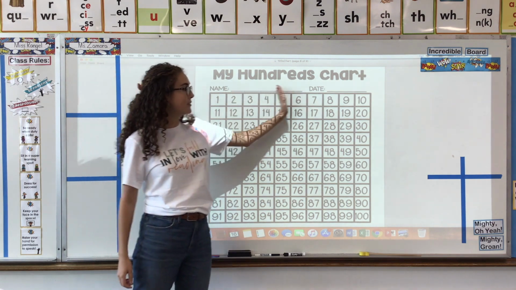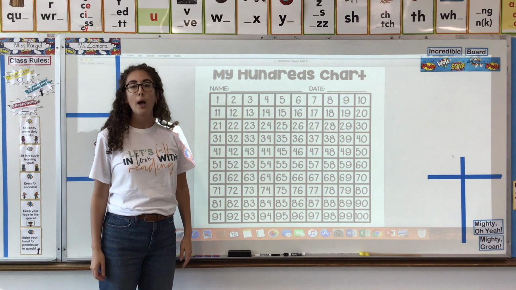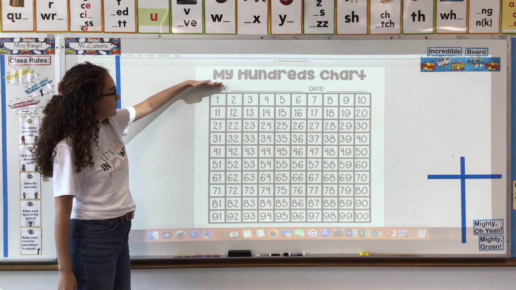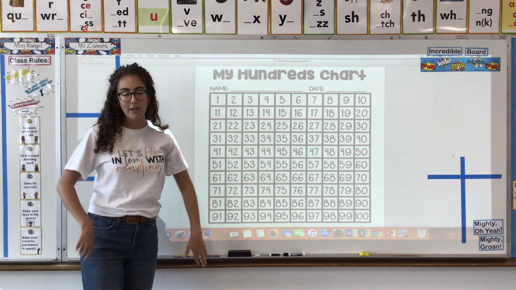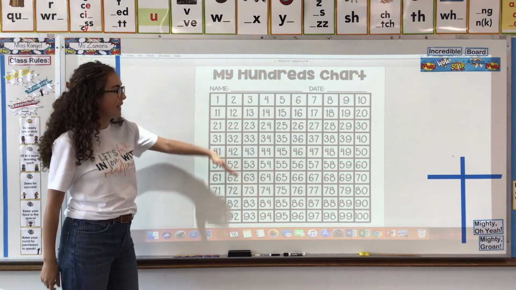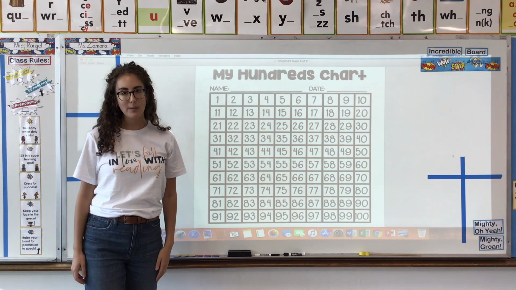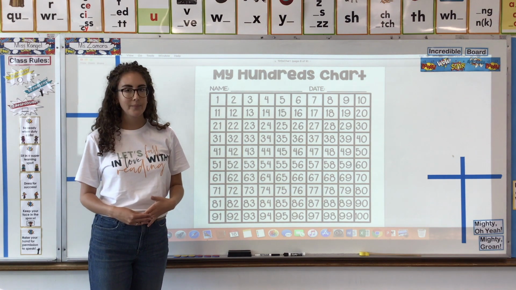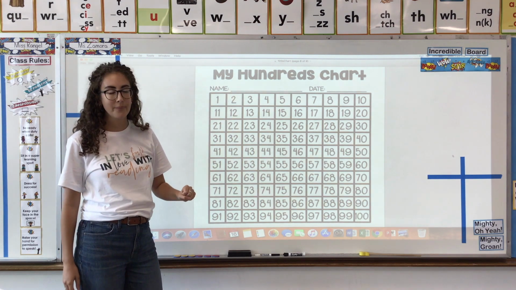The ones value is changing. But when we go from top to bottom, the tens value is increasing. As we go from top to bottom, the tens place is changing. So that's the pattern you can notice about the hundreds chart.